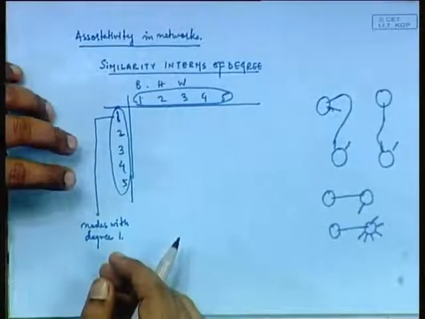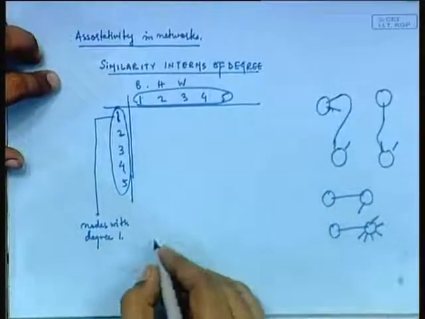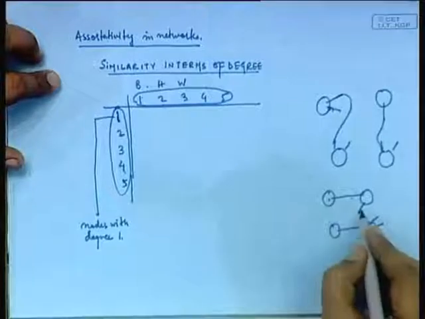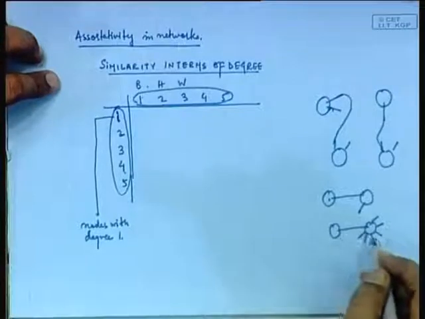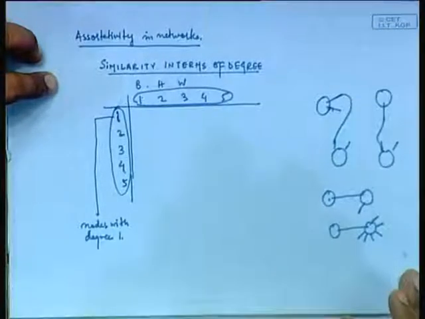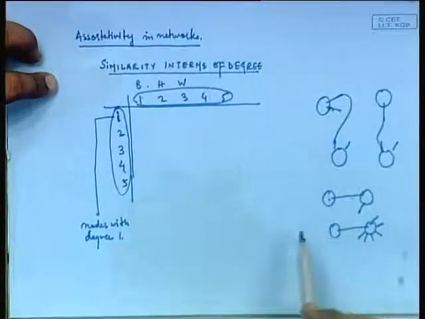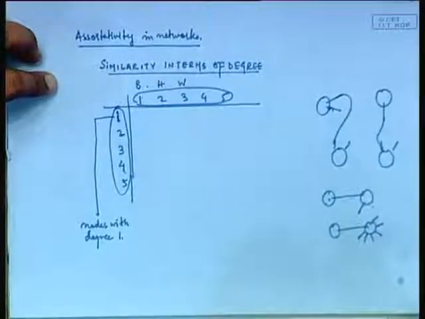So, it is the same, but one important thing which will come is that a 1 degree node connected with a 2 degree node is more associative than a 1 degree node connecting with a 5 degree node. Then how do you describe a higher associativity in the black Hispanic example? No, more associativity is always if a 1 degree node is connected with a 1 degree node and a 10 degree node is connected with a 10 degree node.